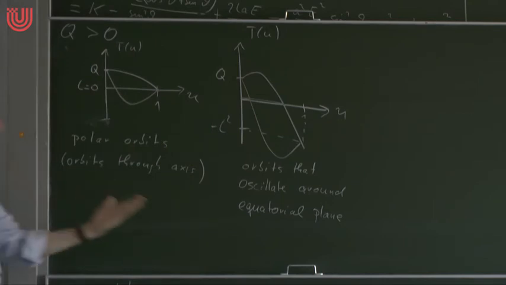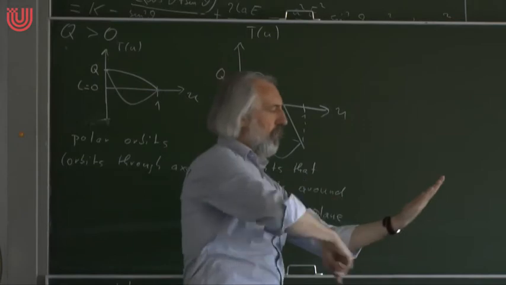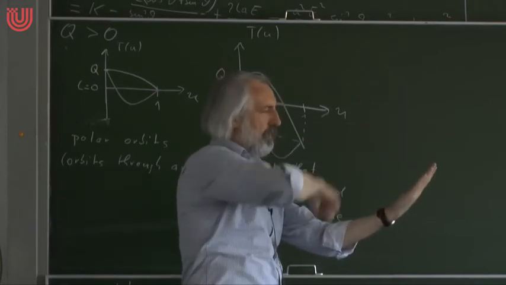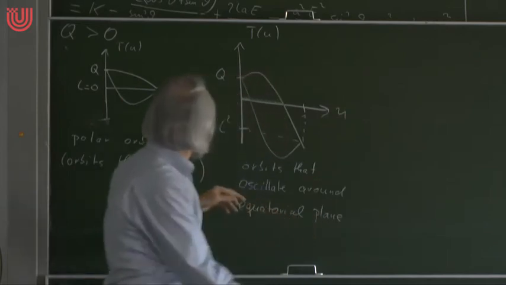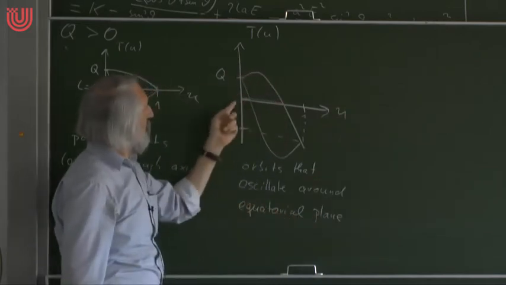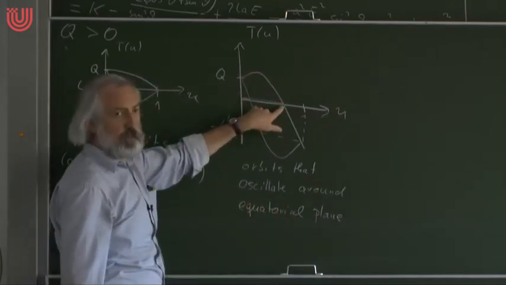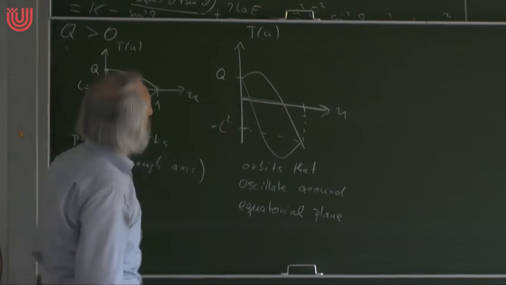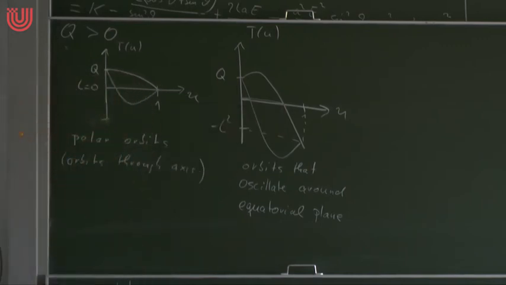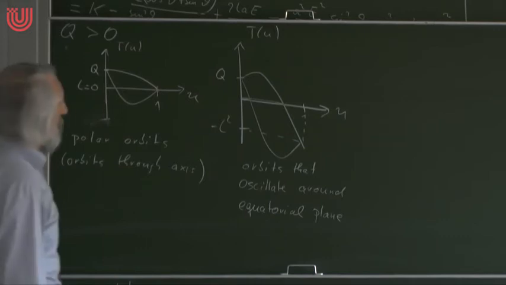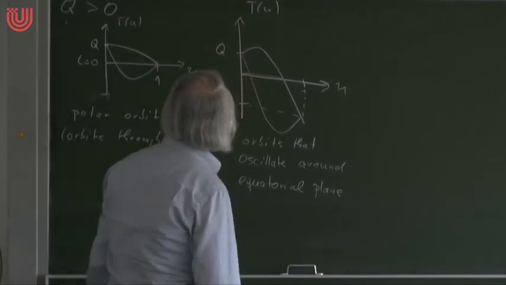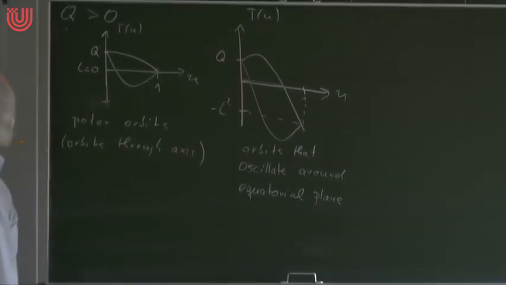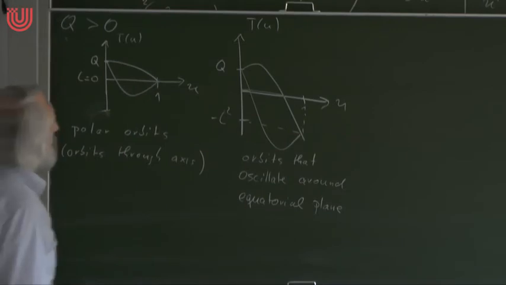If you have a Schwarzschild orbit which is in a plane, which moves between a minimum value for theta and a maximum value for theta, it would be something like that here. Yeah, so this would be the extremal value for theta. Because of the symmetry, it must be the same value. The maximum and the minimum must be the same value. So these are quite ordinary orbits which we are used to. These are the ones with Q bigger than 0.